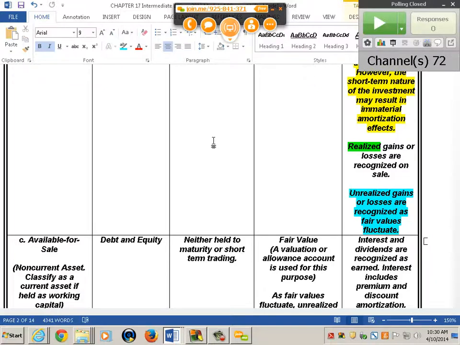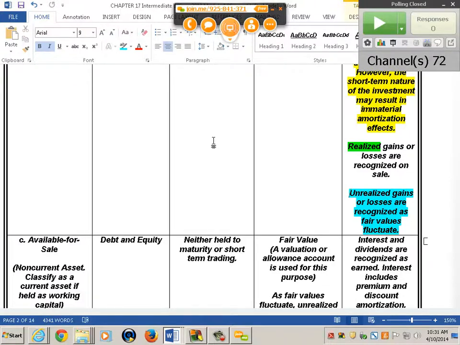As I said, the trading portfolio has to be associated with a treasury function or a financial service entity where this is performed on a regular basis. So you're not going to have unusual volatility by holding this for several years. It could happen, but that's not the intent. All right, that's your trading portfolio.